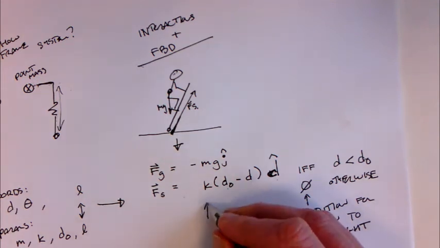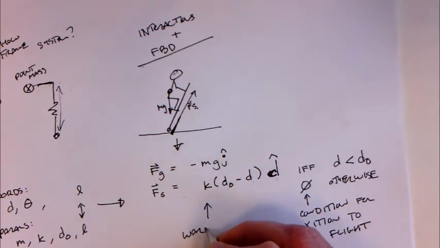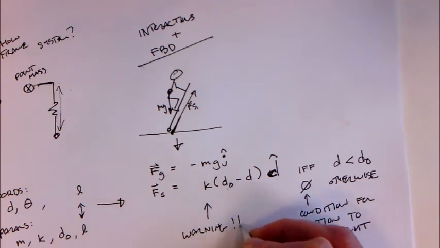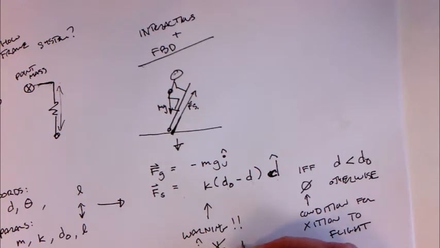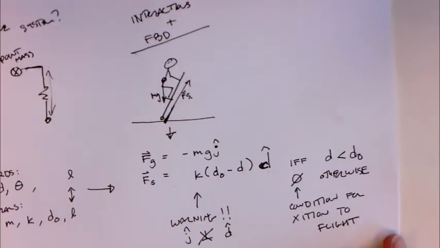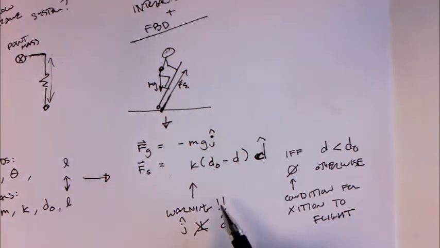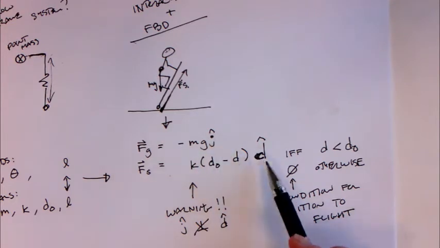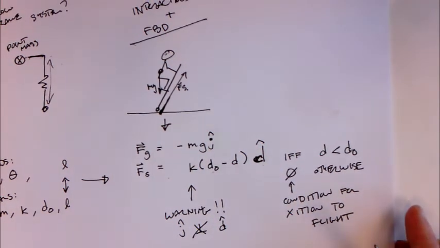I will put a little warning here, which is that j hat is not perpendicular to d hat. We need to be very careful about unit vectors here. We're doing a semi-natural coordinate system where we're mixing j hat and d hat, and that's something we're going to have to think about more carefully in a little while.